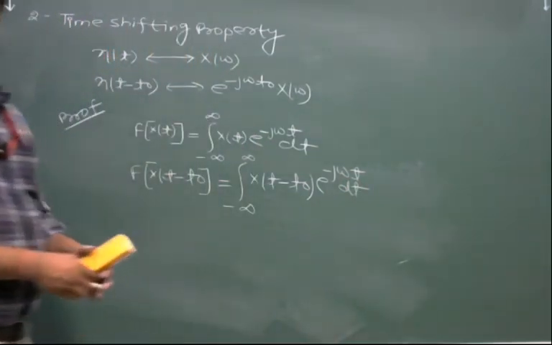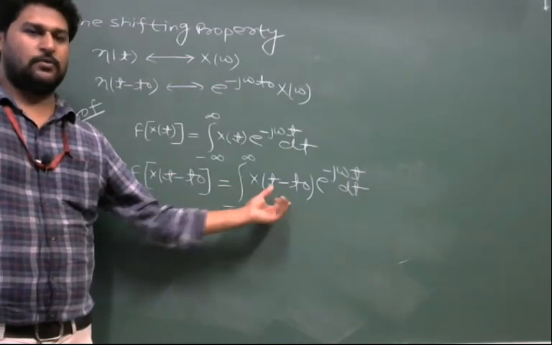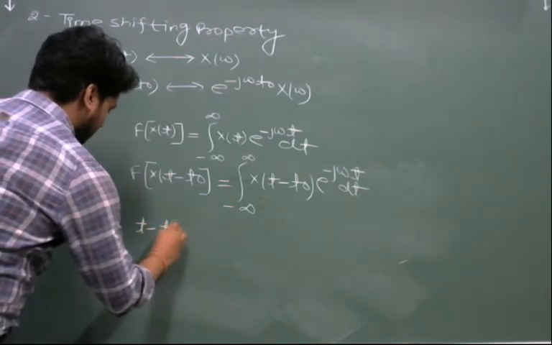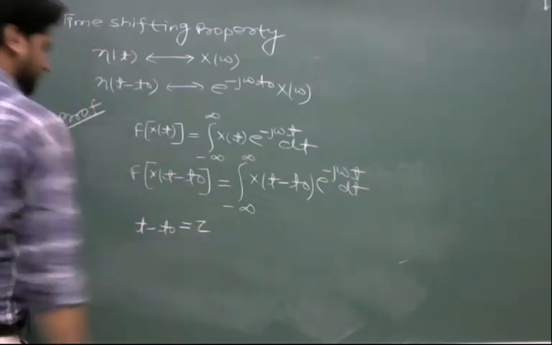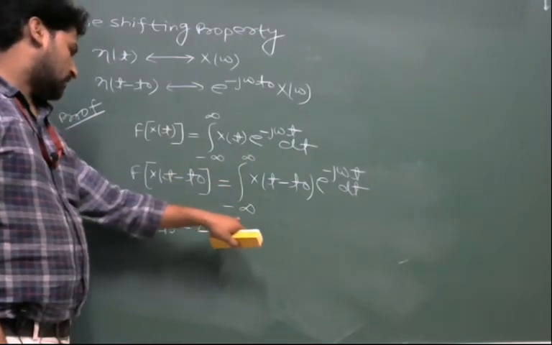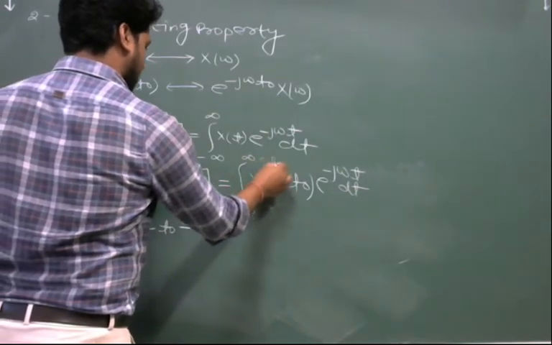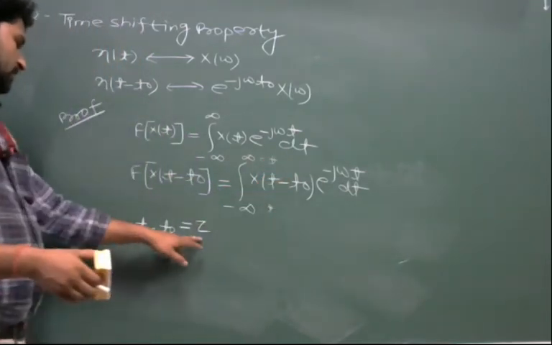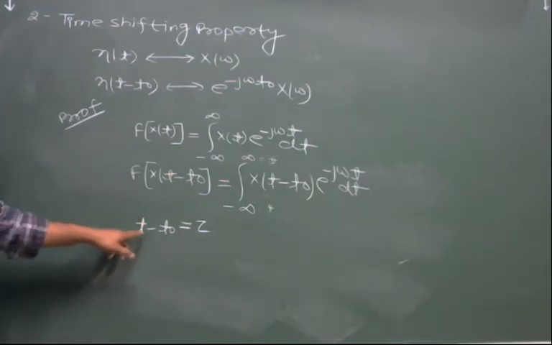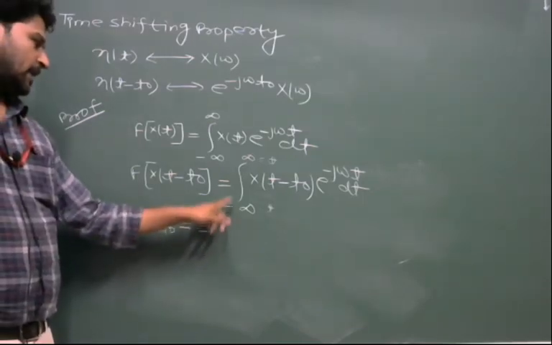Now change this variable. Consider t minus t naught is equal to, suppose, z. If t minus t naught is equal to z, then this limit is on the t. What will be the value of the limit when t is minus infinity? When t goes from minus infinity to plus infinity, z will also go from minus infinity to plus infinity.